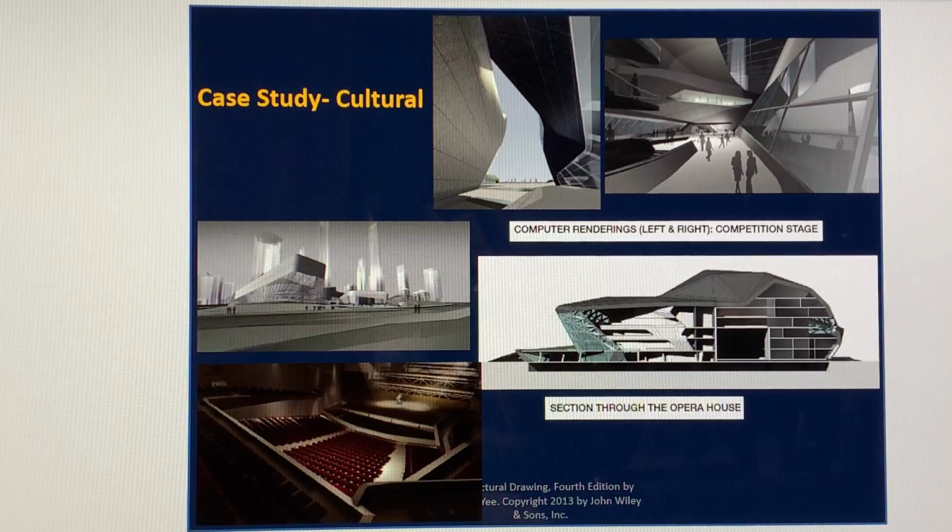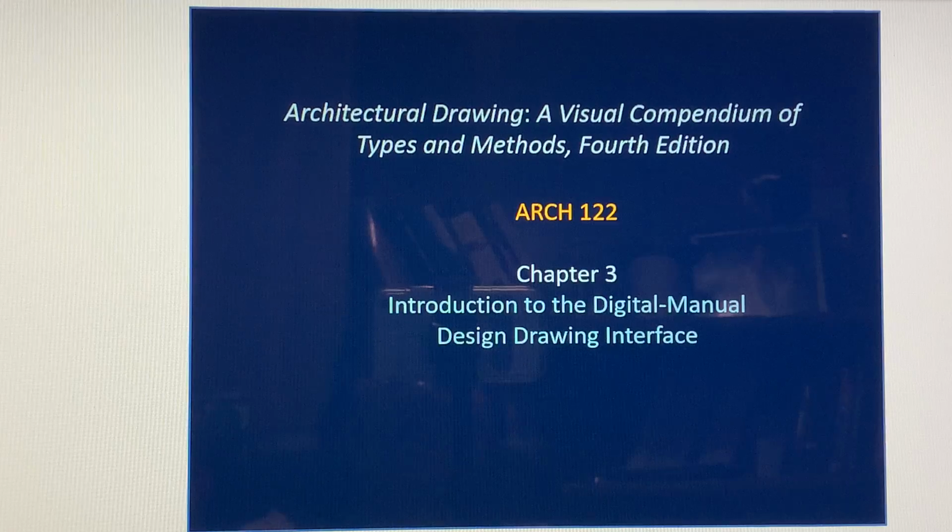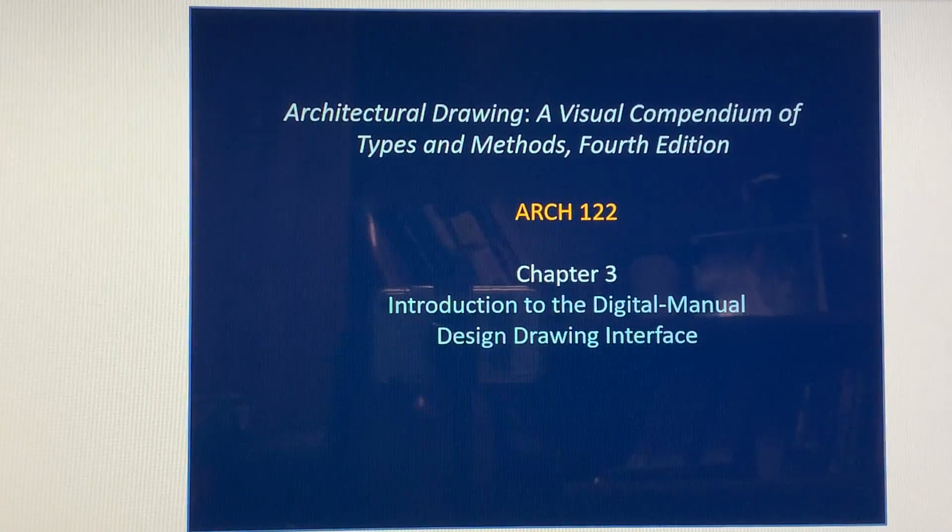So that's the end of the chapter for today. Basically, right now you can see many projects use a lot of digital computer aid when they do their products. However, I don't know about other companies, but when I worked for 4 companies, I saw that they use both manual drafting and digital.